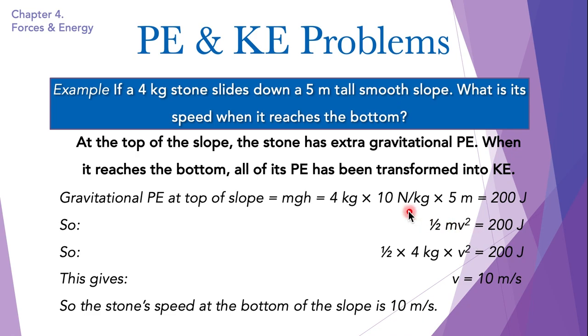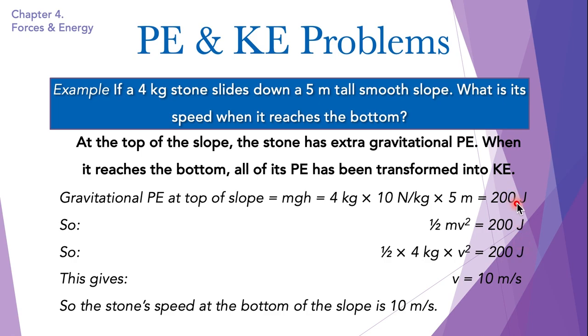By rearranging the equation half mv squared, we can find the velocity of the stone. This gives the velocity of the stone equal to 10 meters per second, so the stone's speed at the bottom of the slope is 10 meters per second. This was also easy. What we did was again find the gravitational potential energy at the top of the slope, and the loss in gravitational potential energy is equal to the gain in kinetic energy.